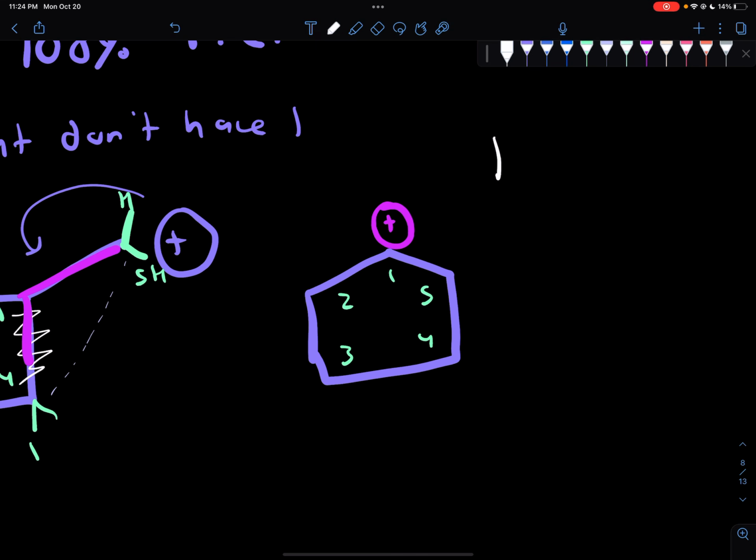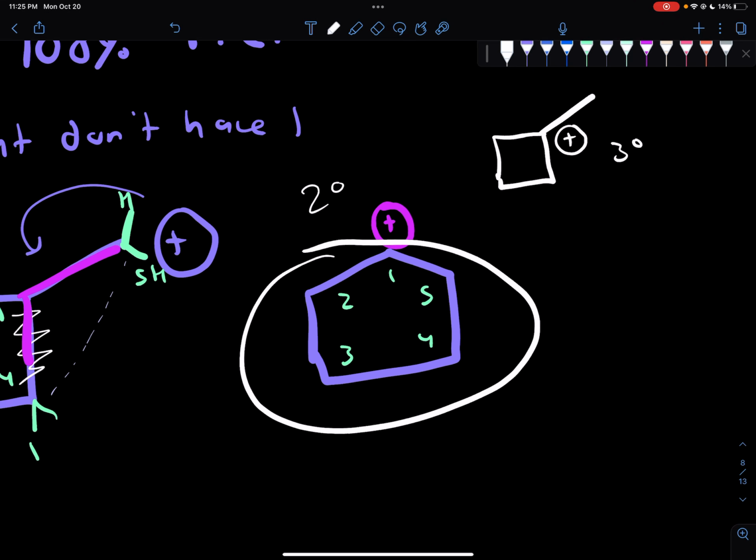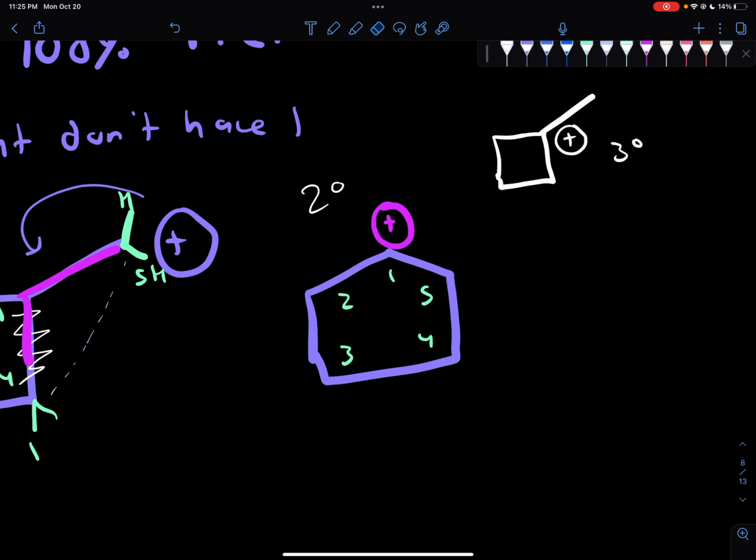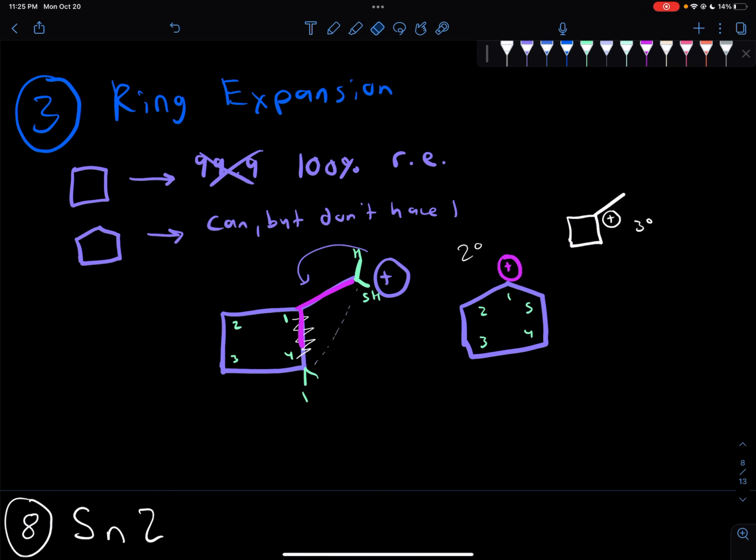Option 1 was to form a cyclobutane or keep it like that and have a tertiary. But tertiary in this case is not good because of the ring strain. Cyclopentane is chillin', right? Yes, this is secondary. It's not as good as tertiary, but because you have a cyclopentane, it's normal now. So this needs to happen, right? That's why I said if you have a cyclobutane, 100% of the time you're going to have a ring expansion.